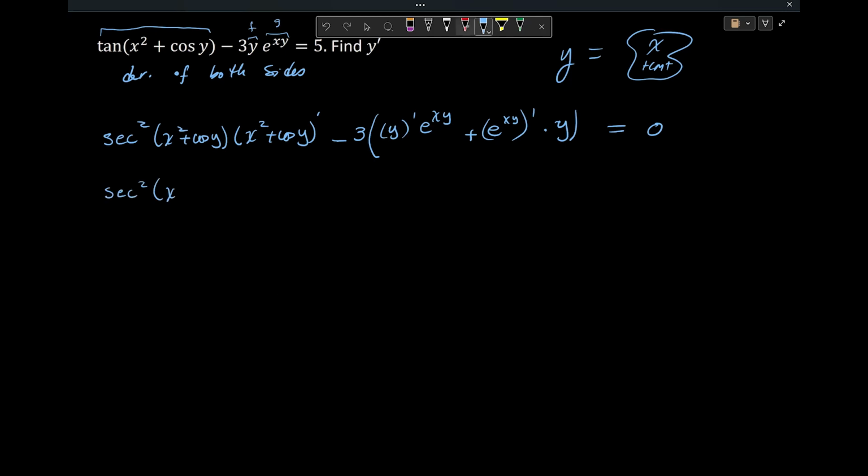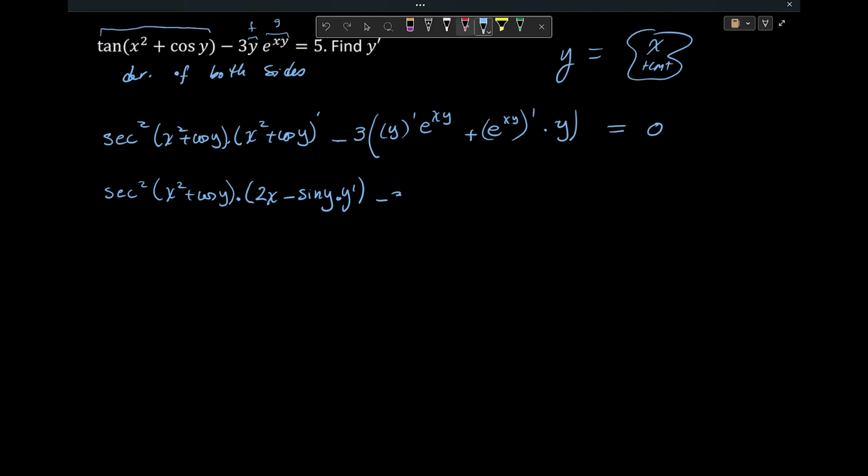Secant squared of x squared plus cosine y times the derivative of x squared plus cosine y. The derivative of x squared is 2x plus cosine y. The derivative of the cosine is negative the sine. So it's negative the sine of y times the derivative of y, which is y prime. Okay?